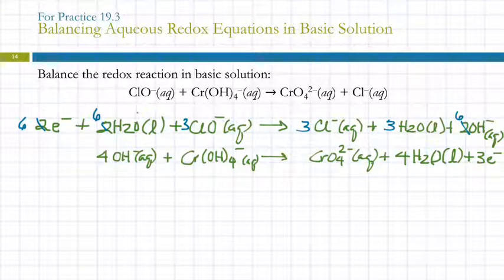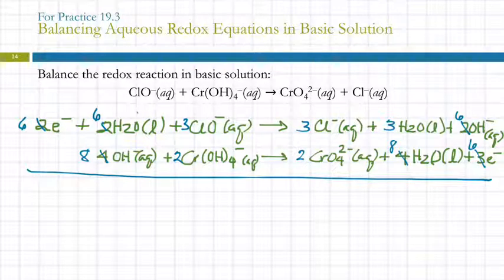I want it to be 6 electrons, so I'm going to multiply by 2 all the way across. So 4 becomes 8, and so on across. So I have 6 electrons there, 6 electrons there, and those cross off.